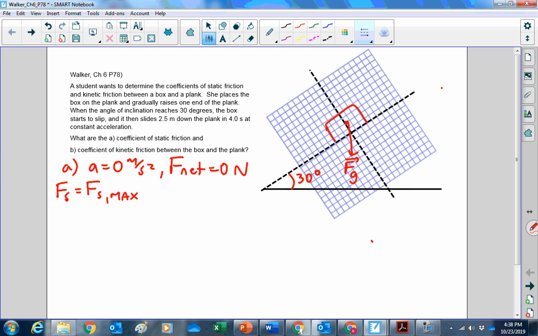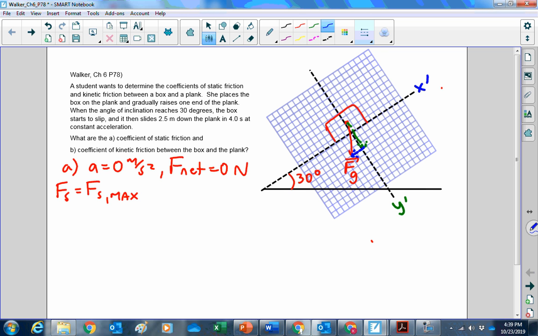Then I'm going to show on my diagram, if I was going to draw the components of gravity here, that part of this gravity comes down in what I'm going to call the y prime axis, and then part of gravity comes down the ramp, which I'm calling the x prime axis. So that would be what would cause the box to slide down the ramp.